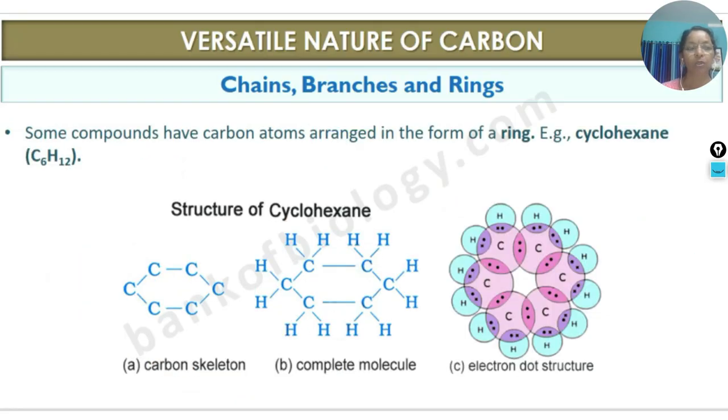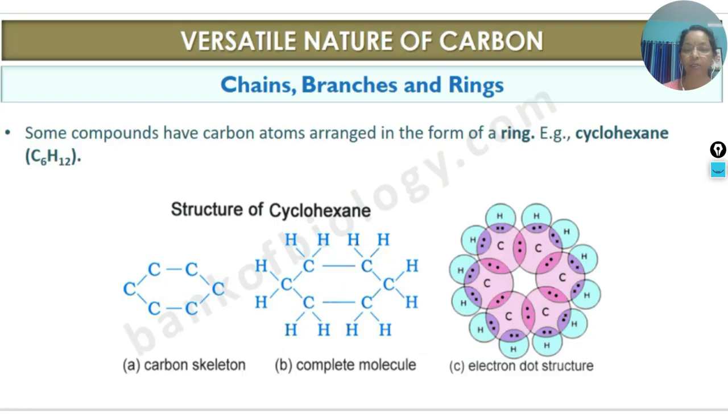Now, carbon can form rings also. That also we learned. One example of a ring compound is given here, cyclohexane. The formula is C6H12. It has 6 carbon in a cyclic structure completely filled with hydrogen, 6 carbon with single bonds only, but in a ring form.